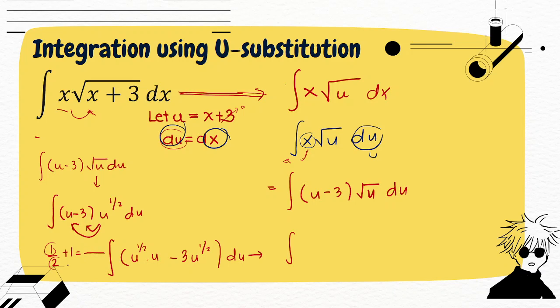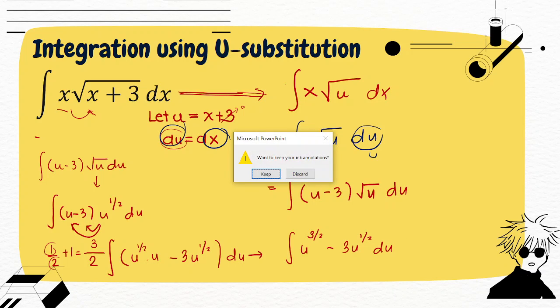Then, copy the denominator. So, ang sagot ay 3/2. Naintindihan? So, the answer is u raised to 3/2 minus 3u raised to 1/2 du. Pero hindi pa siya nasisimplify. So, isi-simplify natin.